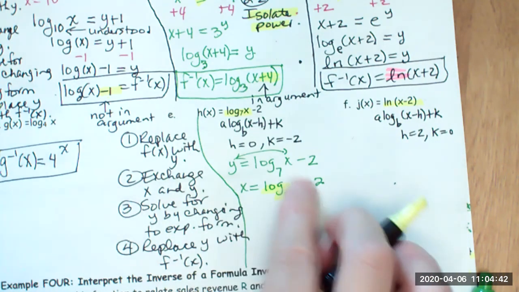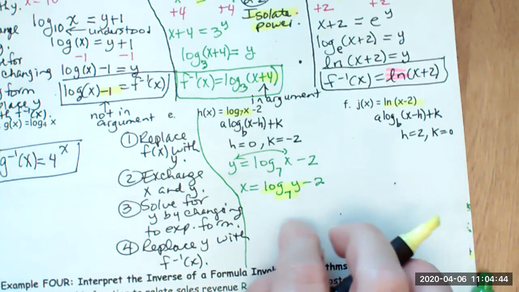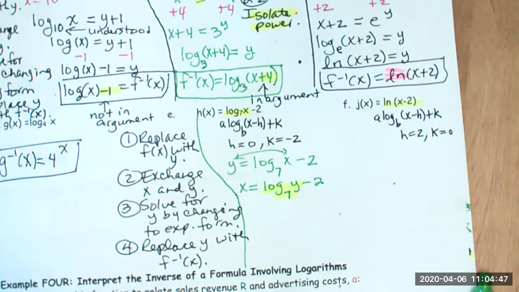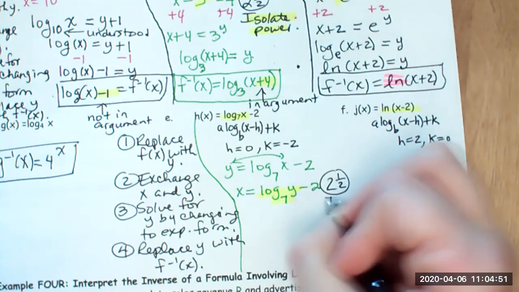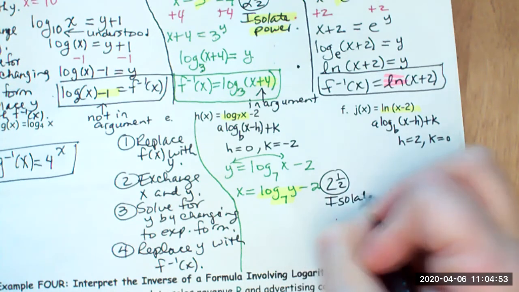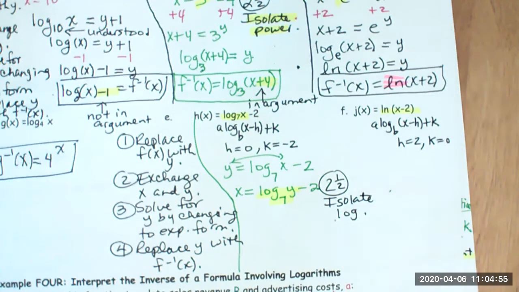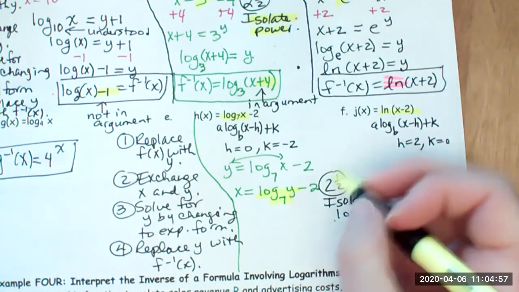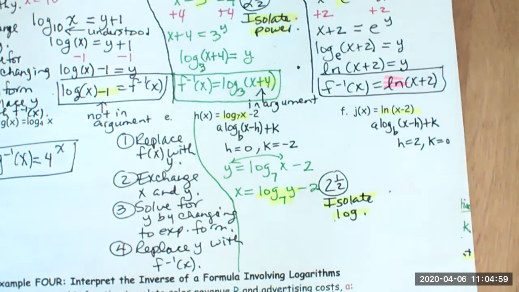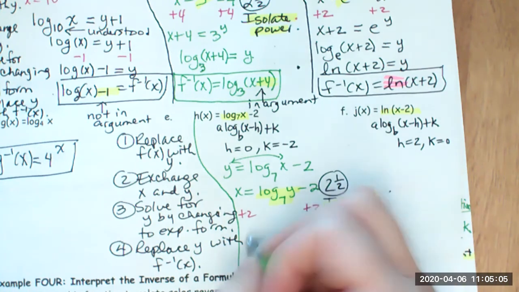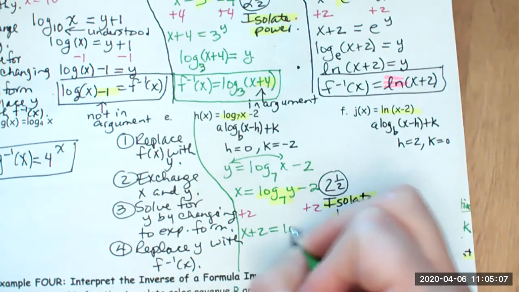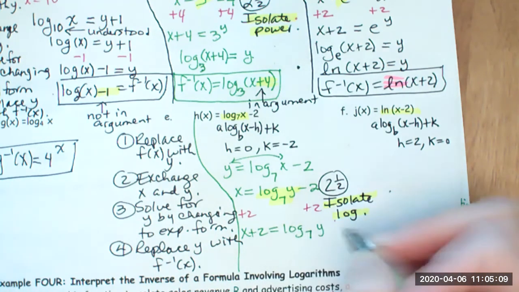So we have to get the log by itself. We'll call it isolate the log this time. It's very important that you don't skip that step. So we'll isolate the log by adding 2 to both sides. And we'll get x plus 2 equals log base 7 of y.